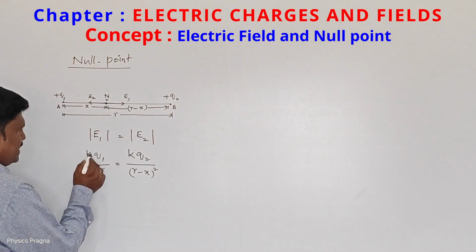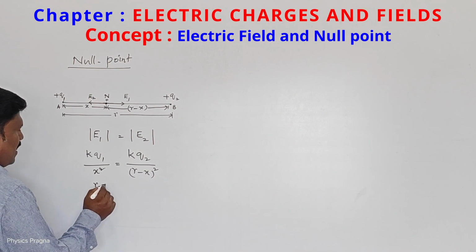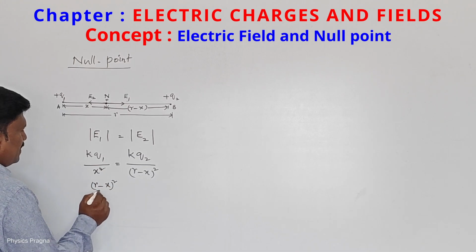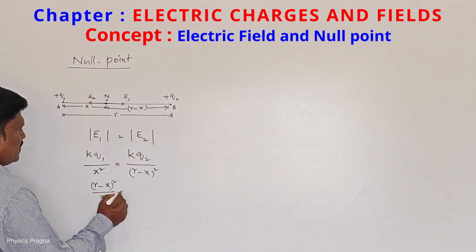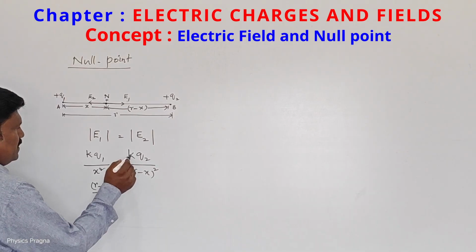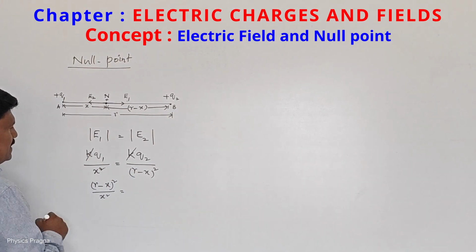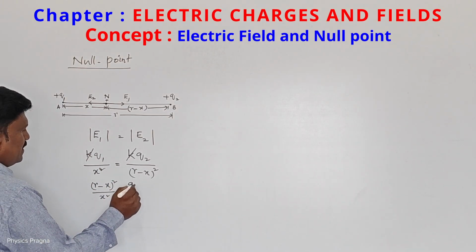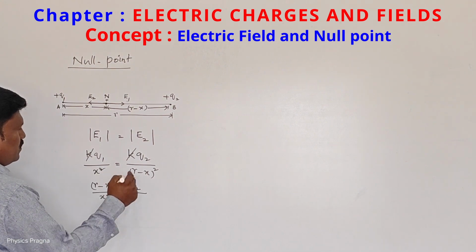So I will bring R minus X whole square by X square equal to, this K and this K will cancel, Q2 will be there and Q1 goes there.